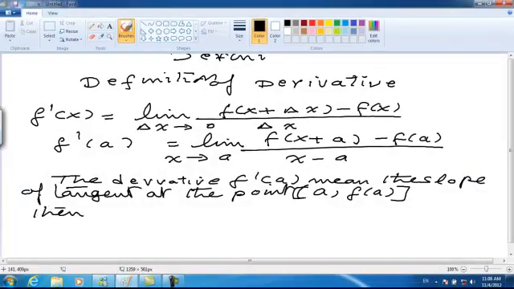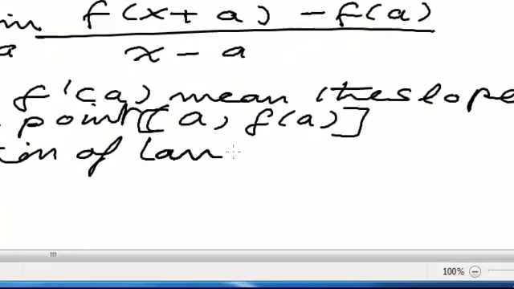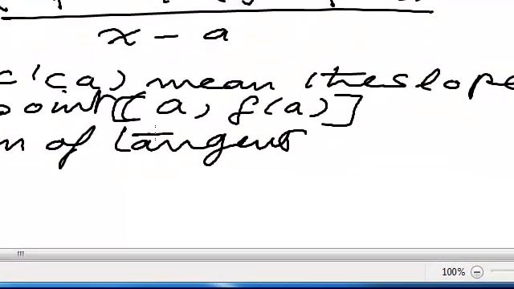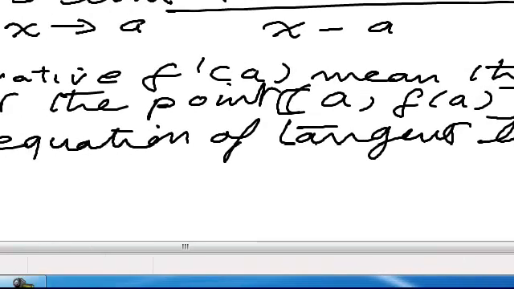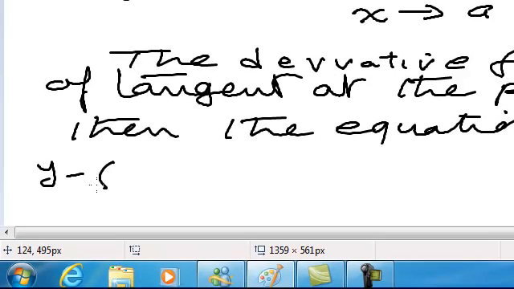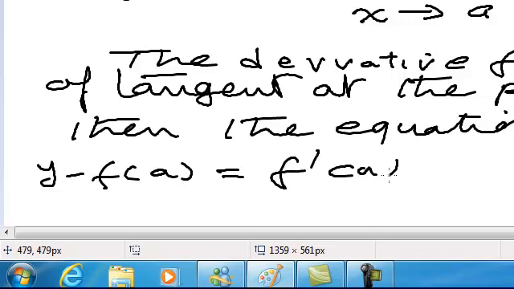Then the equation of the tangent line is y minus f of a equals f dash of a multiplied by x minus a.